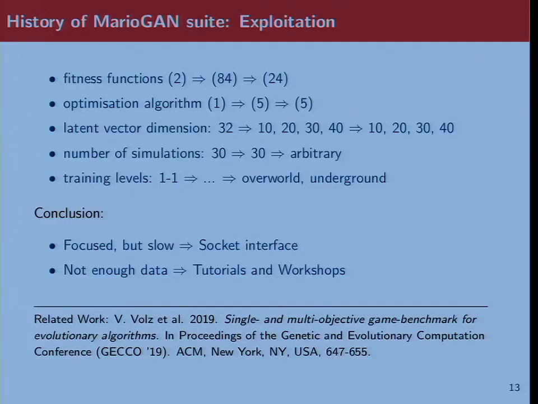I try to be as diverse as possible in terms of fitness functions, but there's no way of really finding out that this fitness function is missing. So I try to include as many as possible, really.